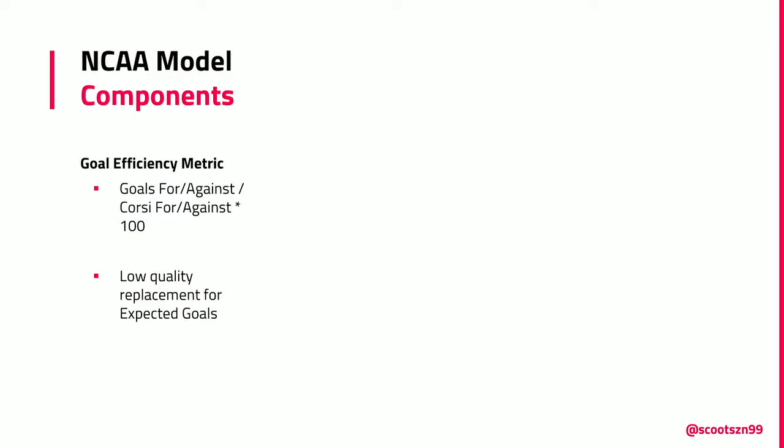And I use it as just a low quality replacement for expected goals. A lot of these models in the NHL that try to predict games use expected goals. As shown, it has a very predictive power. And this goal efficiency metric that I use is a proxy for it because it does answer the question, how good are you at scoring goals compared to the threat you generate.